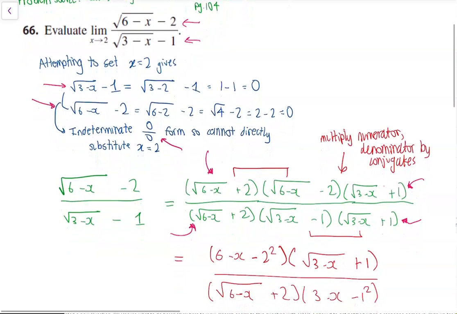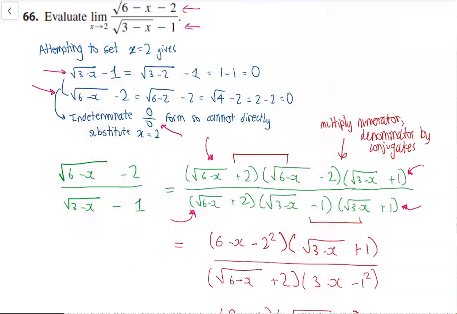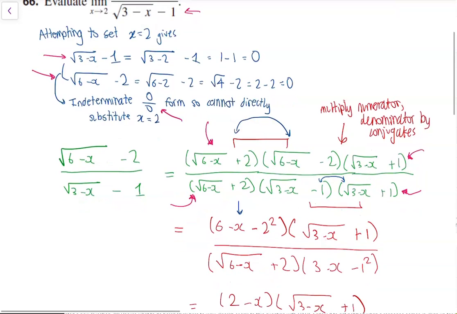And now if we do that, we can apply the difference of perfect squares. So over here we get 6 minus x minus 2 squared, and if we apply the difference of perfect squares here as well, we also get 3 minus x minus 1 squared.